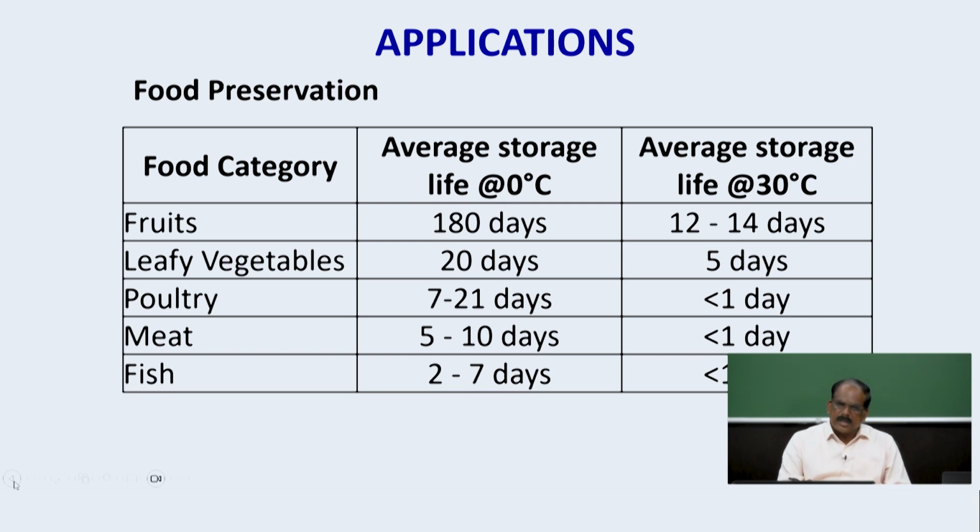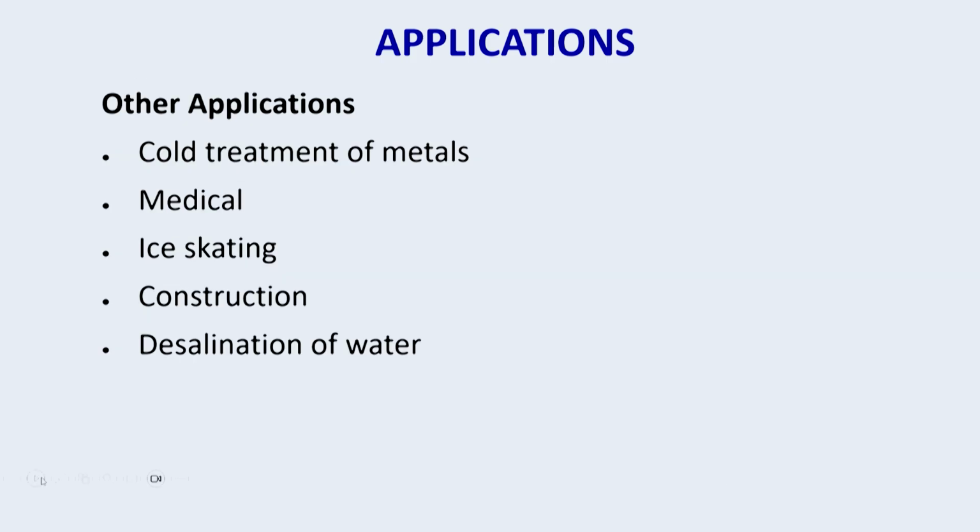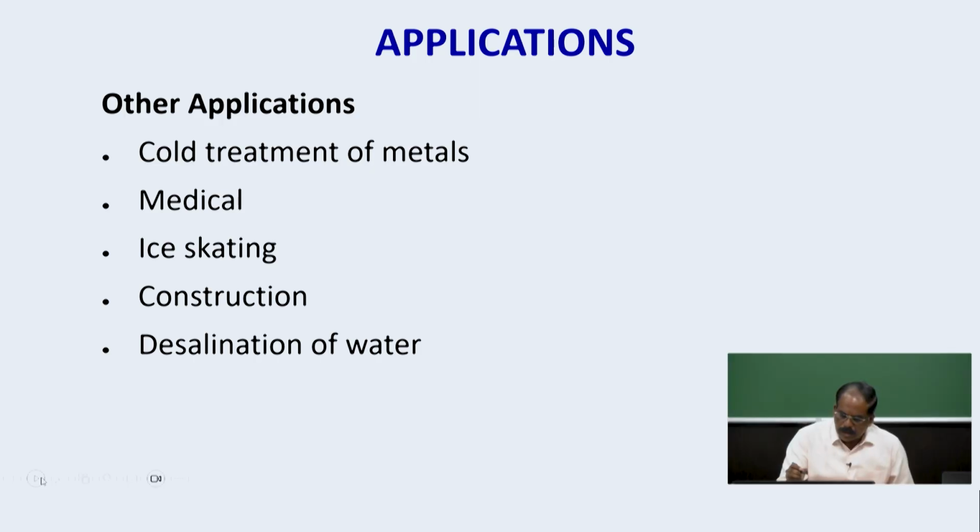It depends upon the moisture content, that is, how much humidity is present in the product, and apart from that, what is the condition at the time of storage? What is the condition at the time of the shelf life? The storage life of the item can be enhanced only under refrigerated conditions. Now let us see the other applications.